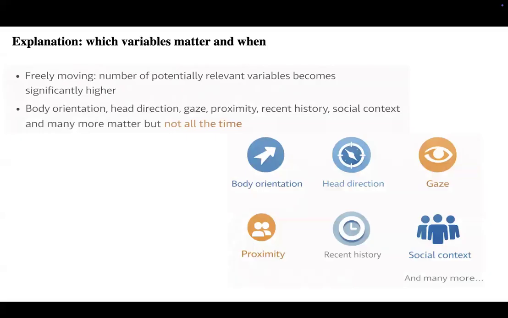Additionally, also body orientation, head direction, gaze, proximity, recent visitation history, social context, and many more matter, but not all at all times. But at different times, different factors will have different weights. So explanation inherently becomes context dependent and also time dependent.